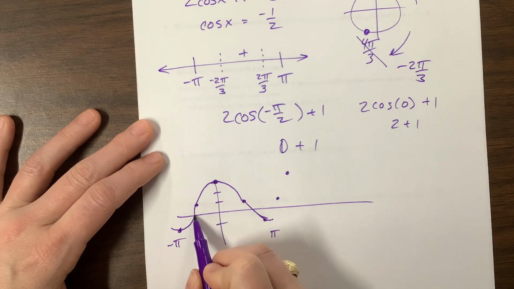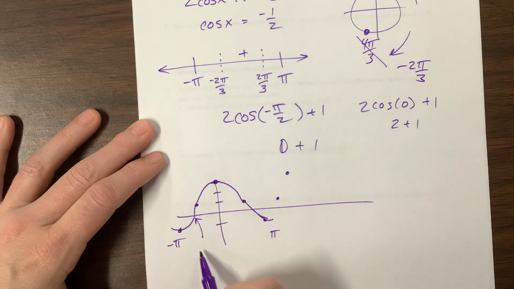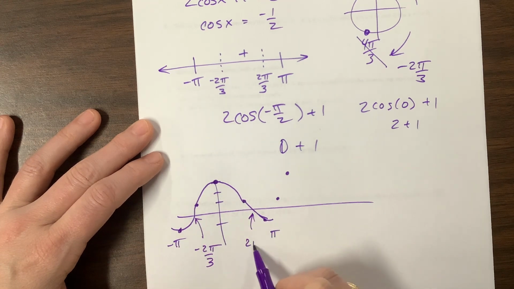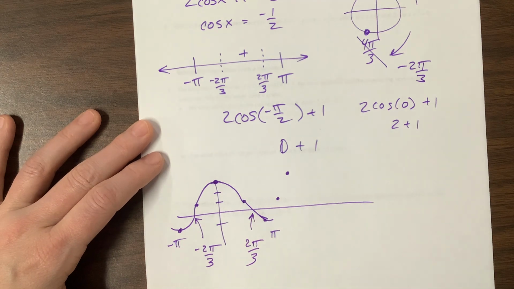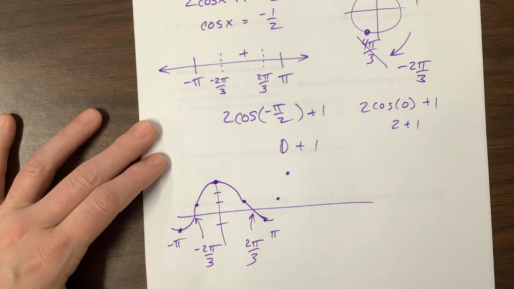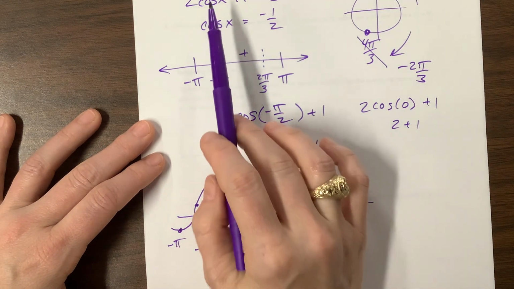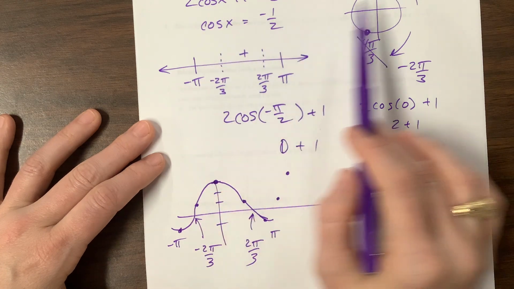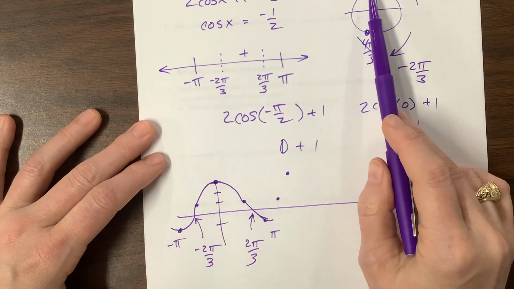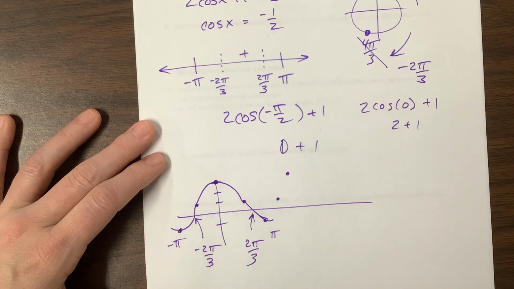Okay, so where did it equal 0? This was negative 2 pi over 3, and this is positive 2 pi over 3. Do I need to work that again and make sure I'm right? I don't think I do. Cosine equals negative 1/2 at the, yeah, that's fine. I'm fine there.